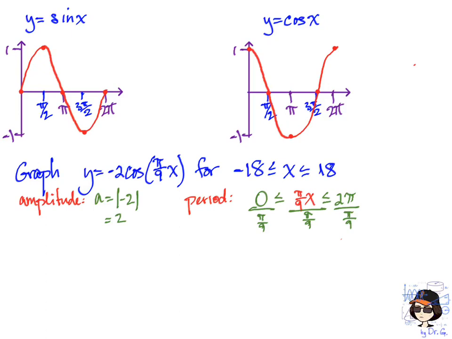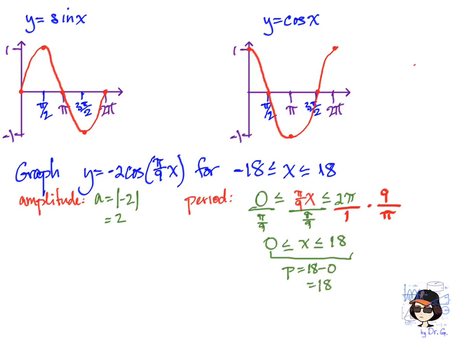So instead of dividing by pi over 9, I can call that multiplication by 9 over pi. So division by pi over 9 is the same as multiplication by the reciprocal. So now the pi's will cancel, and we'll just have 2 times 9 over 1. So that will be +18.